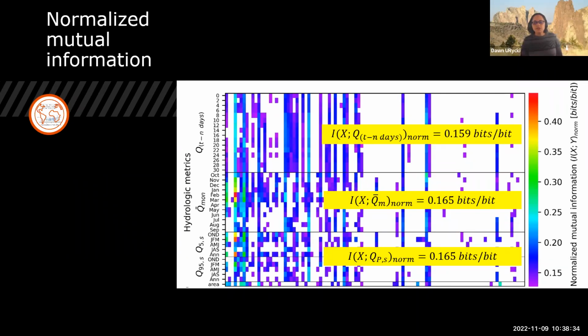Okay, so then next we looked across the metrics within categories and compared the amount of information shared with different time lags, seasons, or high and low values. So we basically broke these down, each of these rows, to look at metrics within categories.